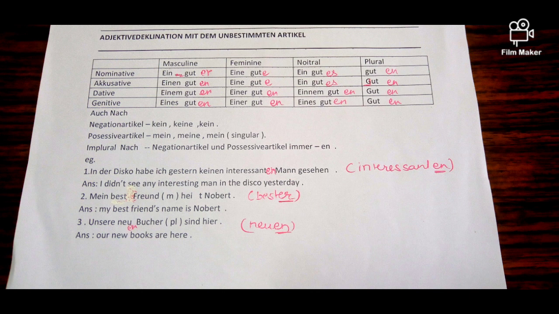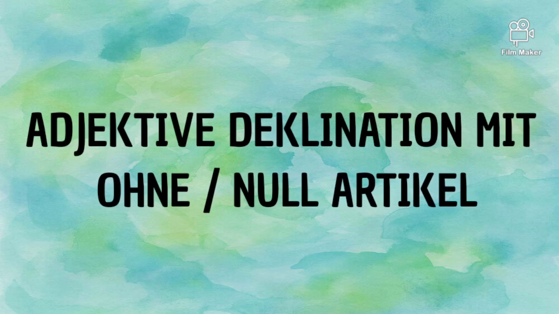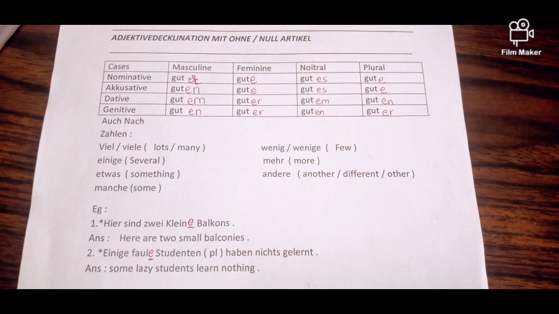Our next concept will be adjective declination mit ohne or null article. This is going to be the third table, adjective declination mit ohne null article.